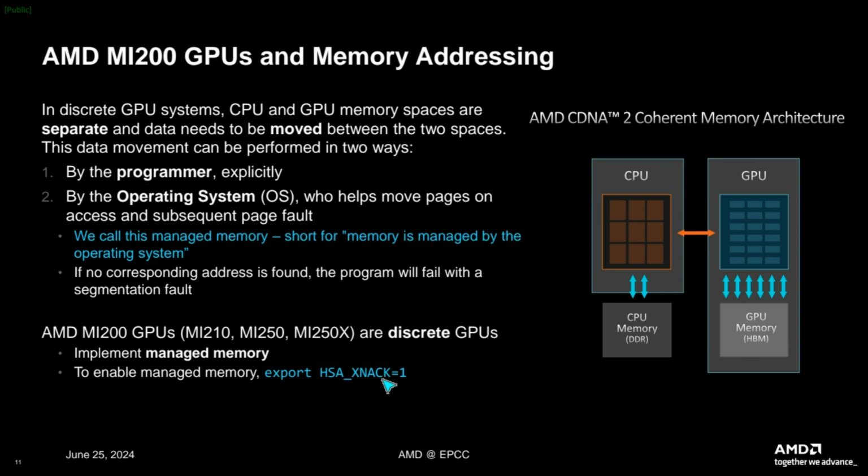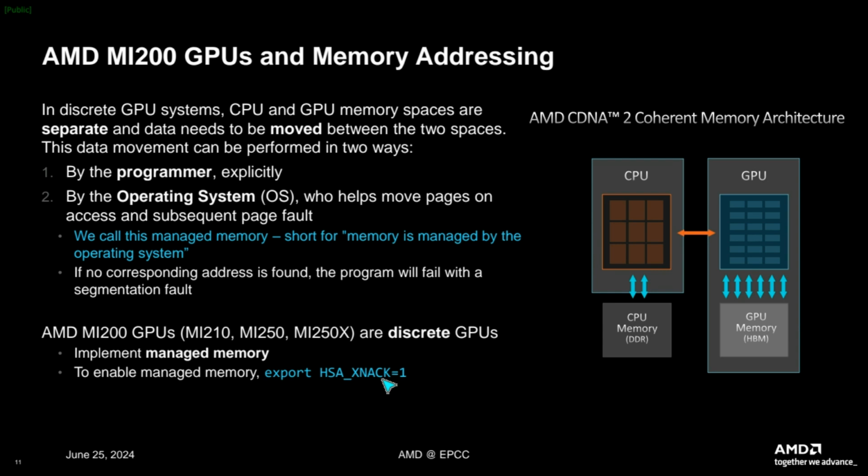of the operating system, which will automatically move pages when you access them from one of the other compute devices. So if you access memory from the GPU that resides on the CPU, it will automatically move it for you from the CPU to the GPU.